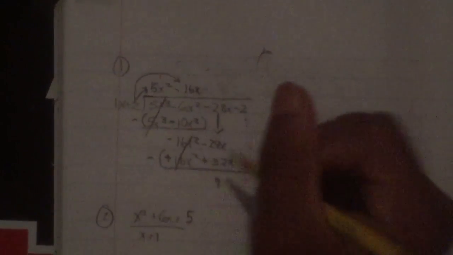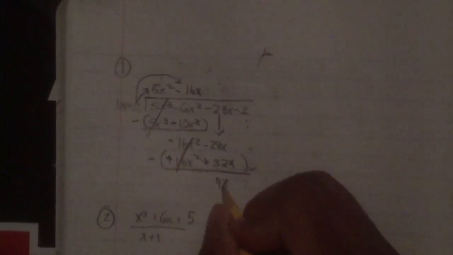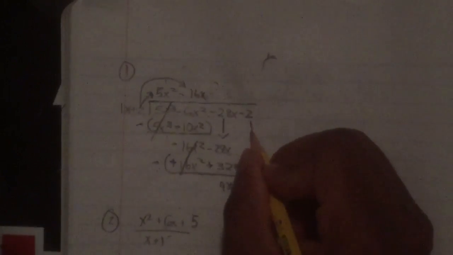A negative times a negative is a positive. So right here, this cancels out; it equals 0. So we cancel it. Right now, 32 minus 28 is 4. Don't forget the x right here. So now it's time to bring down the 2.